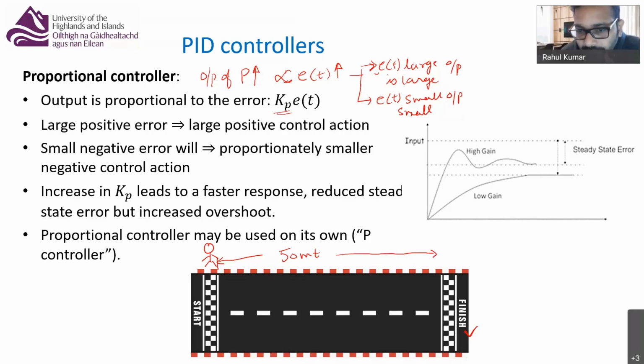This person has to walk at such a speed that he or she stops exactly at the finish point, right?